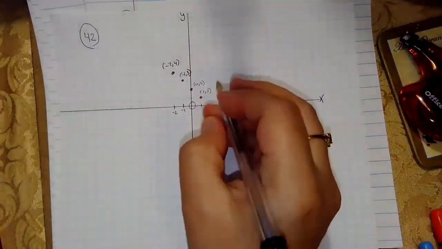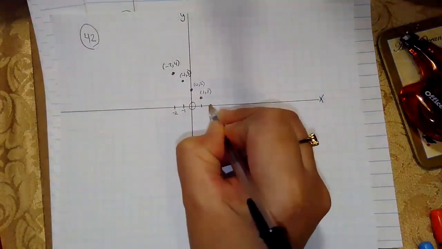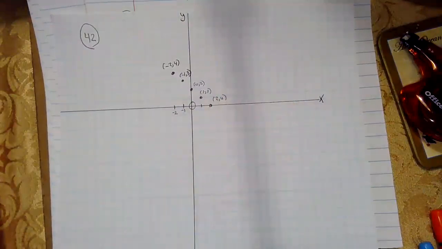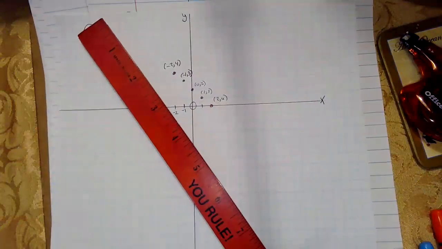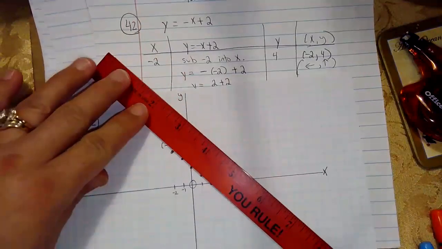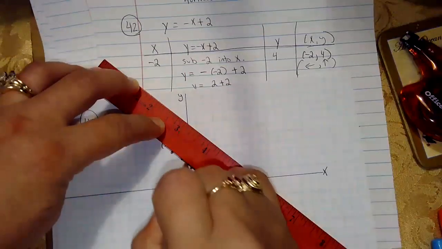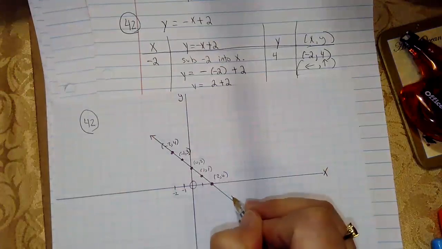Yeah, and that looks good because it's collinear, which means you're able to draw a straight line through these points. And then I always put arrow tips on the ends.